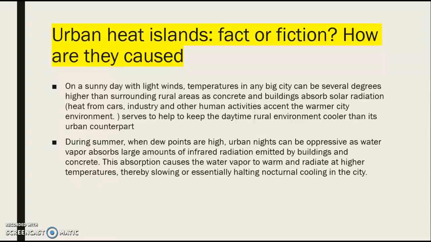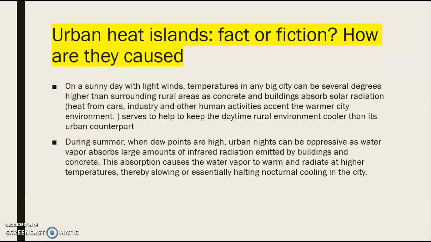So next, we've got a little discussion on urban heat islands and basically how they're caused. If you're not really aware of what they are, urban heat islands are highly populated areas, usually metropolitan cities that emit a lot of heat, quite as the name would suggest.